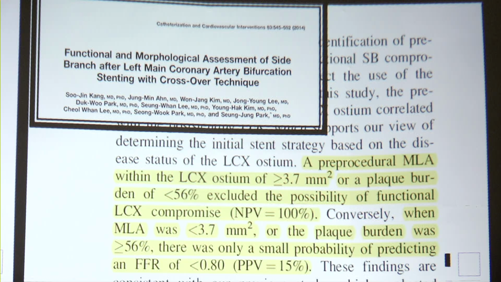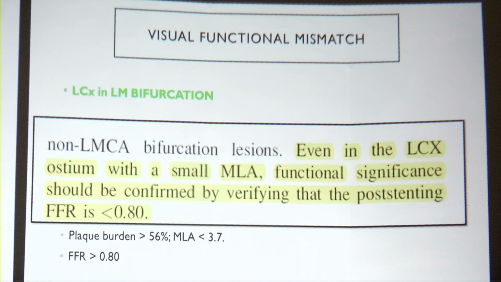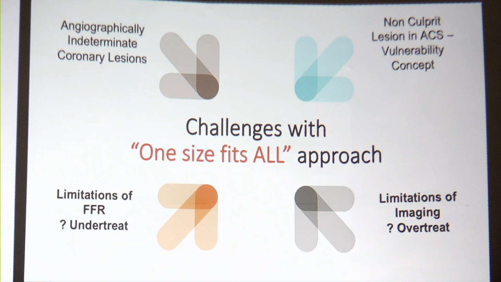However, if it is the converse, even then the possibility of having an occlusion after crossover stenting is just 15%. So these cases we should follow up with a post-stenting FFR. In such cases, we even documented an FFR in a subsequent setting when we did PCI to RCA in this patient, and we got an FFR of 0.92.